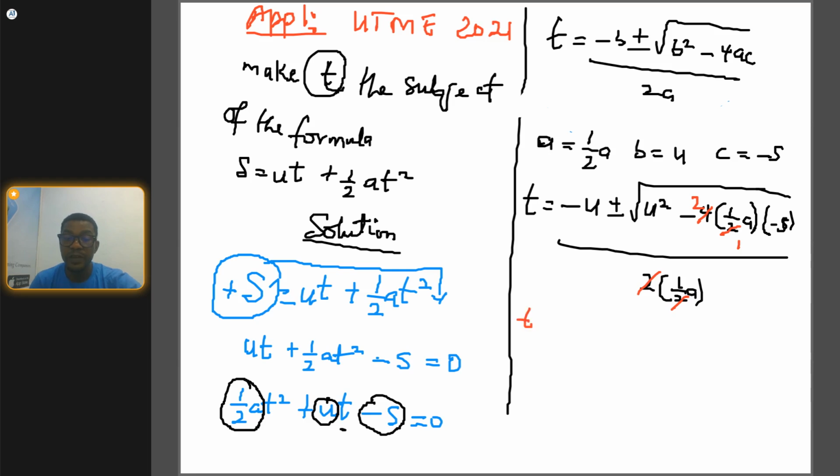So now I'm left with minus u plus or minus the square root of u squared. What we have left here is 2, not 4 again, because I've done some division. So I'm going to multiply all this together. The minus here, multiply this minus, we are going to have plus.